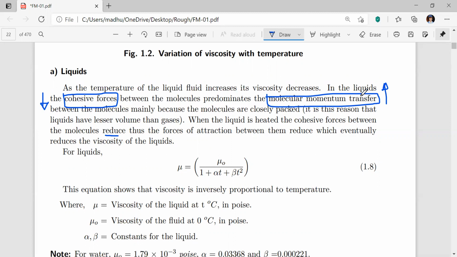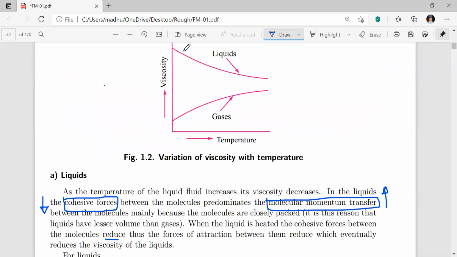When molecular momentum transfer increases and force of attraction decreases, then what happens? The liquid will become thin and it can easily flow. Therefore, the viscosity will reduce. So this is the reason. Cohesive force decreases, molecular momentum transfer increases in liquids. Therefore, dynamic viscosity of the liquids decreases as the temperature increases.